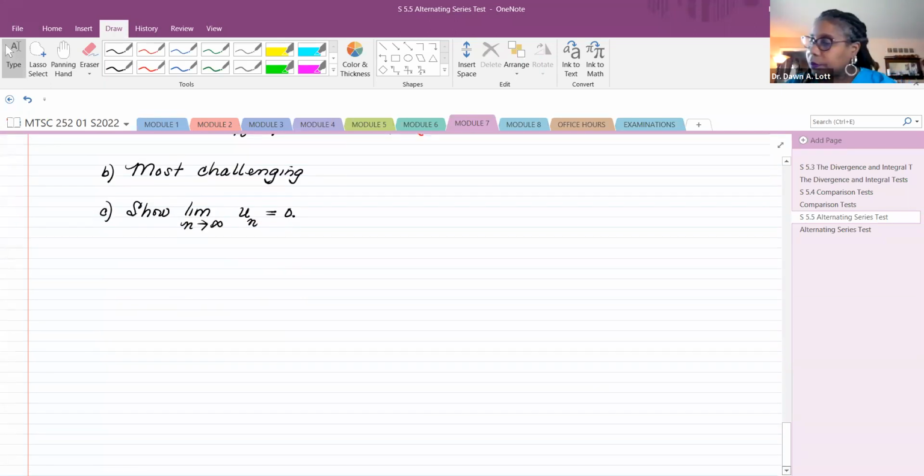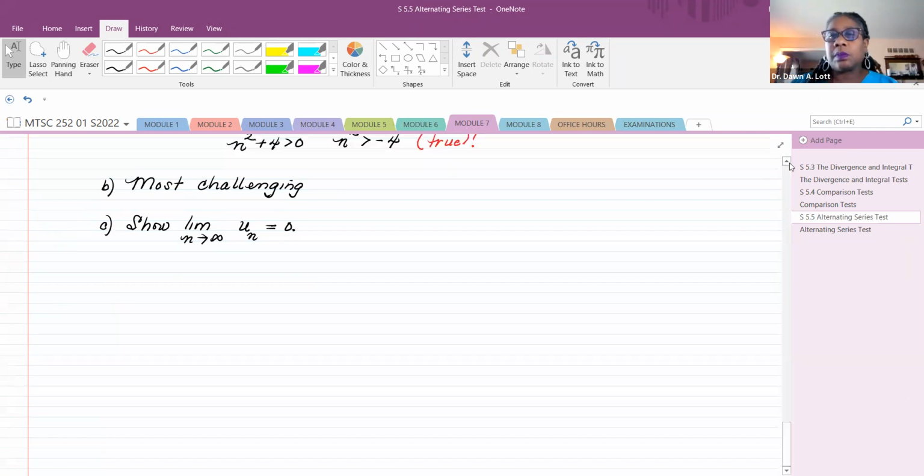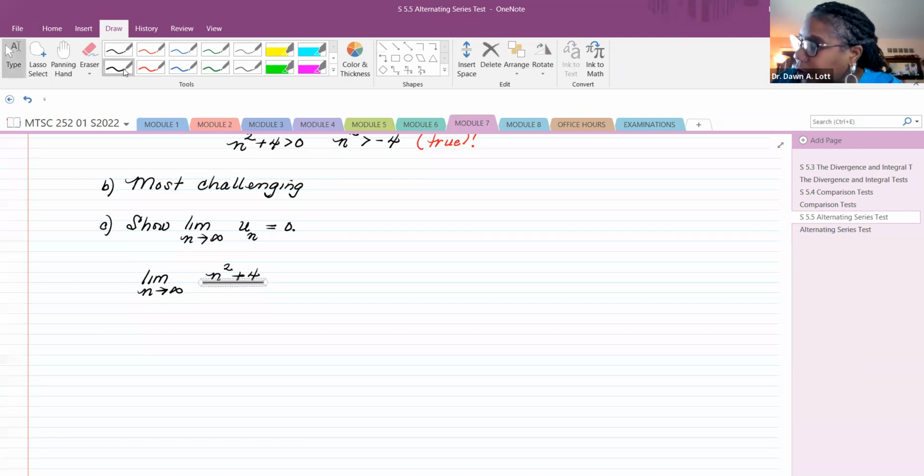All righty. So when we take that, we do the limit as n approaches infinity of n squared plus 4 divided by n squared plus 5.